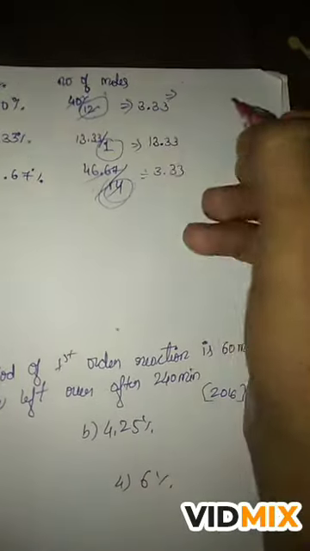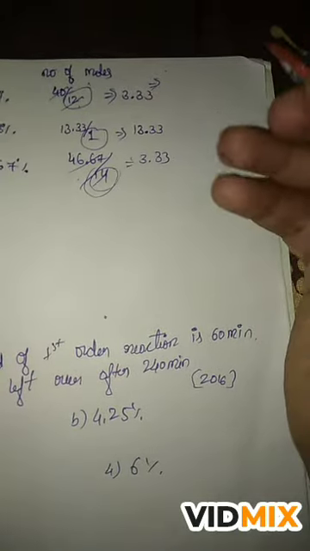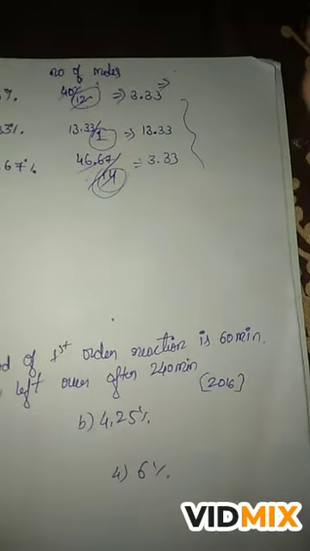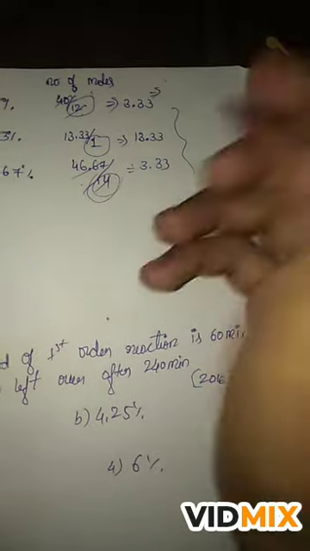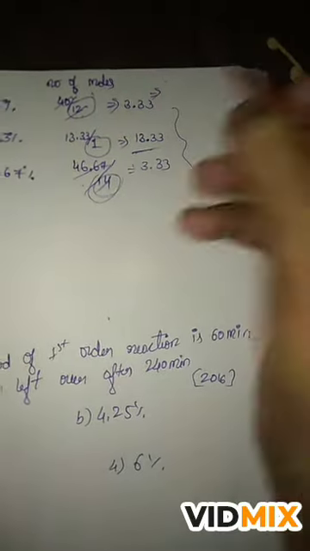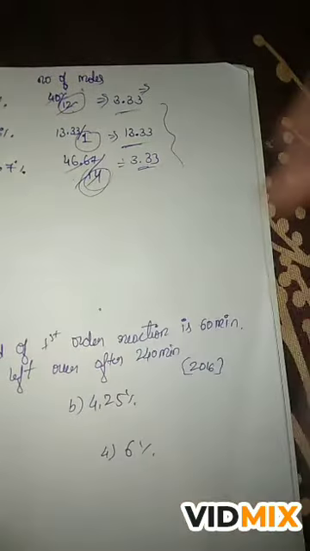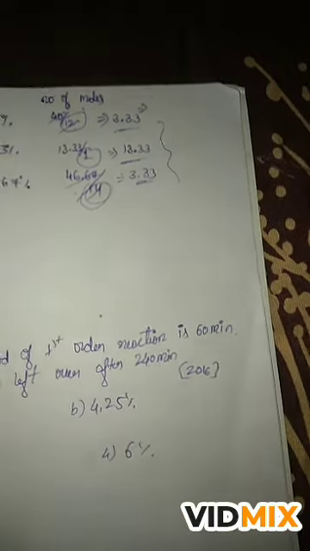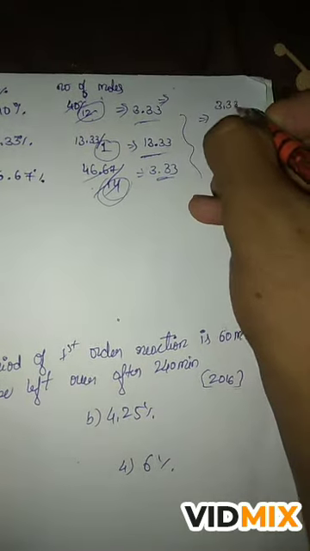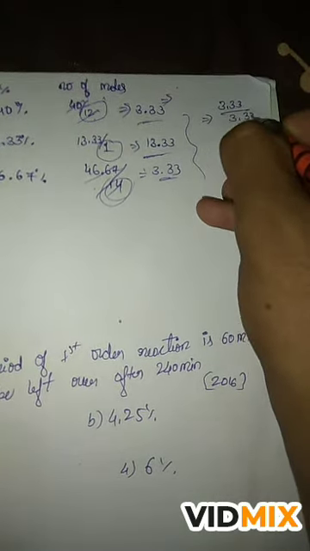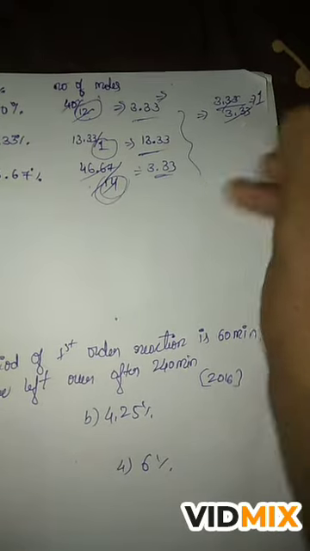Now taking from these answers the smallest one: 13.33 is the big one, therefore 3.33 and 3.33 are the smaller numbers. Now we divide with this one, 3.33 divided by 3.33, then we get 1.